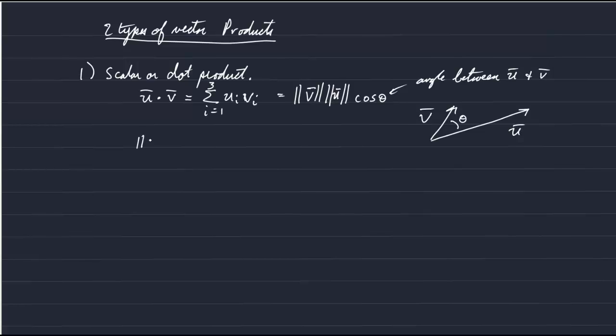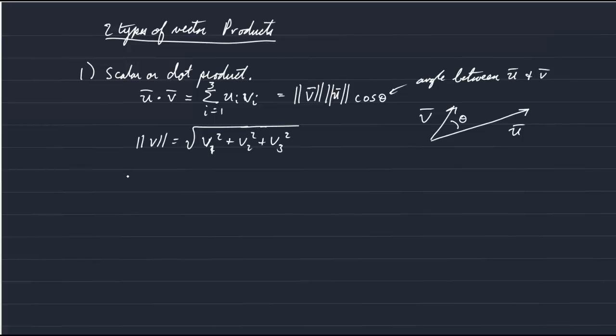And the magnitude of a vector is basically its length, which you can understand in terms of the Pythagorean theorem. So that's the first component of v squared plus the second component squared plus the third component squared, all taken to the square root of the sum of the squares.